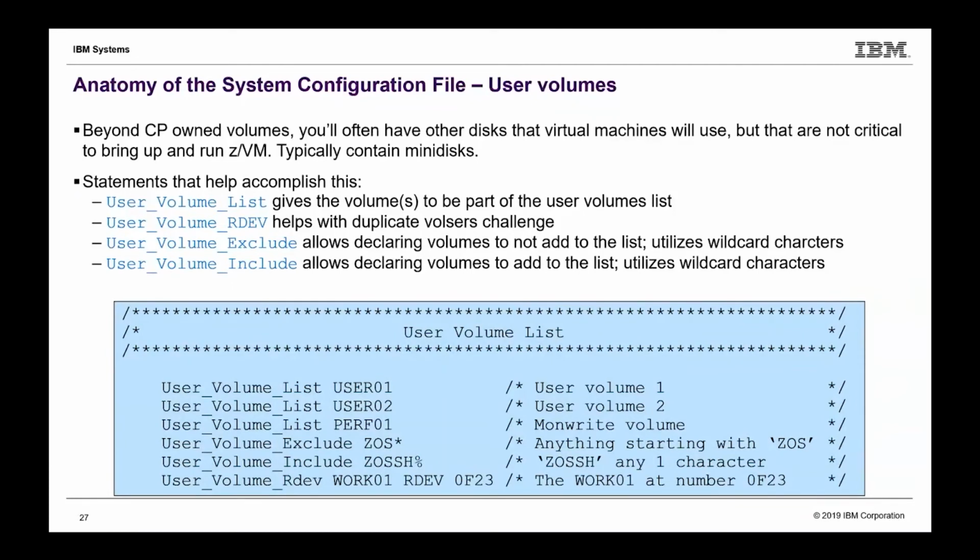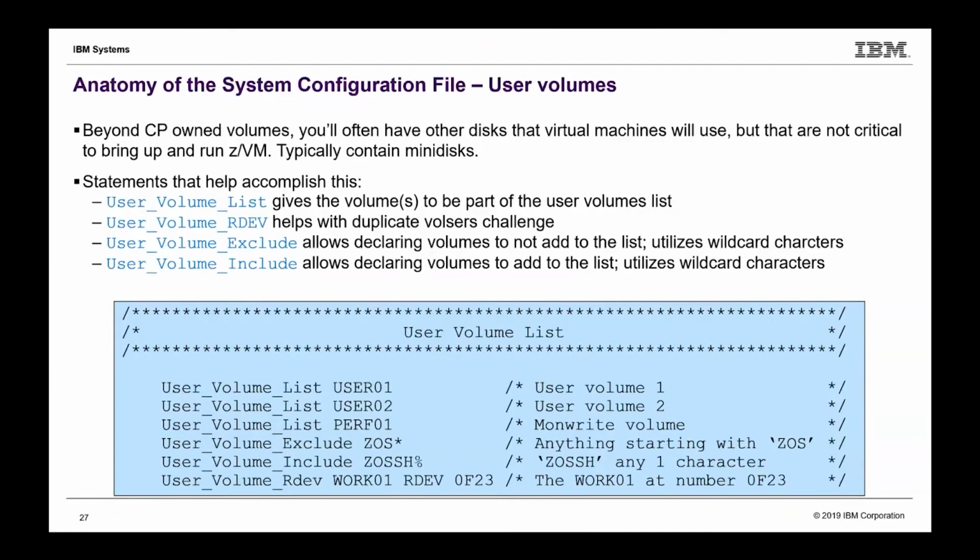So I'll just explicitly list the volumes in there, right? Now, this is one of the statements where you can issue the statement multiple times and it doesn't replace the previous one, it adds to it. So in my example here, I say user volume list, user 01, 02, and then perf 01, right? So I actually have 3 volumes in my user volume list there.